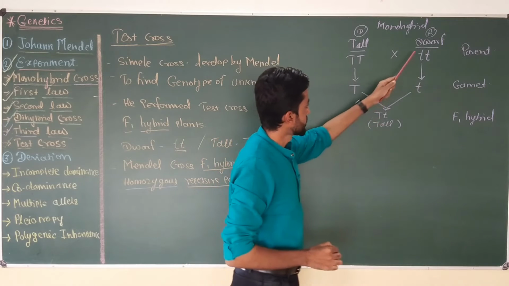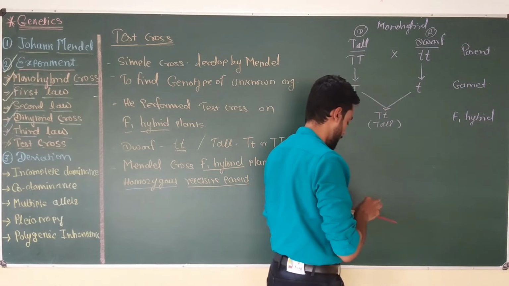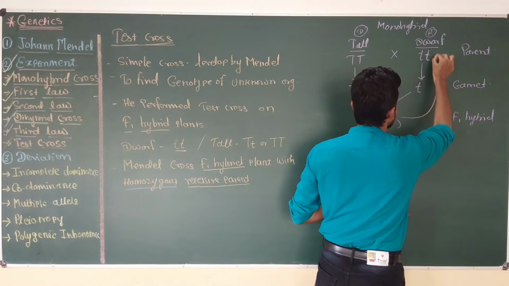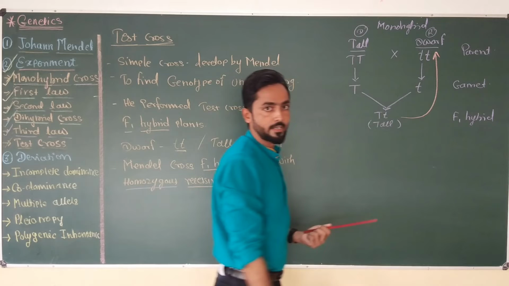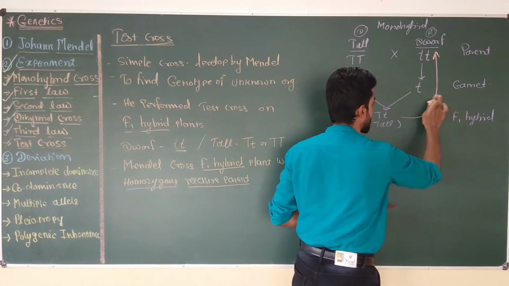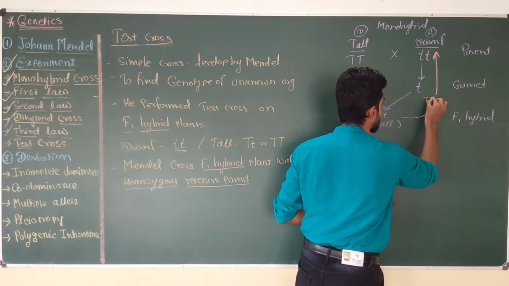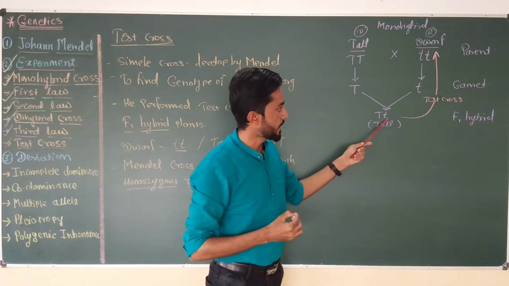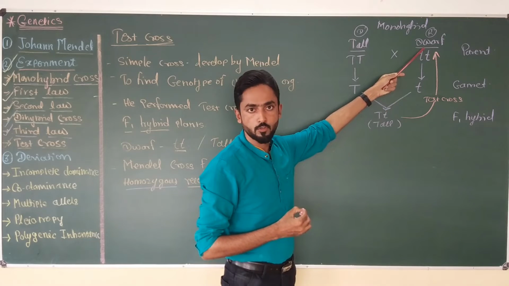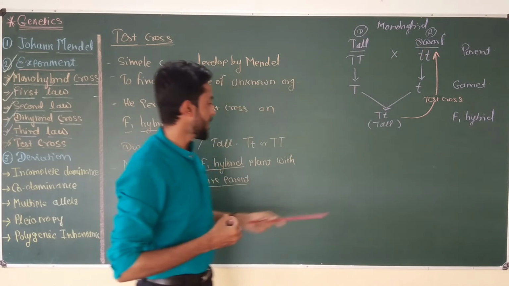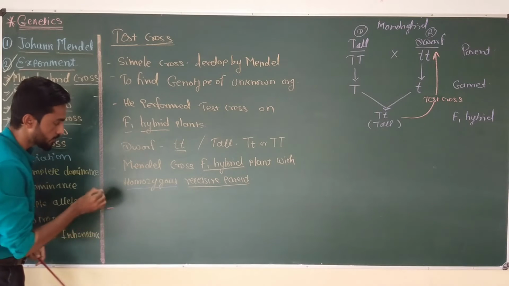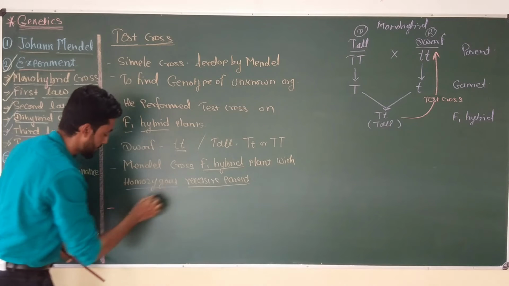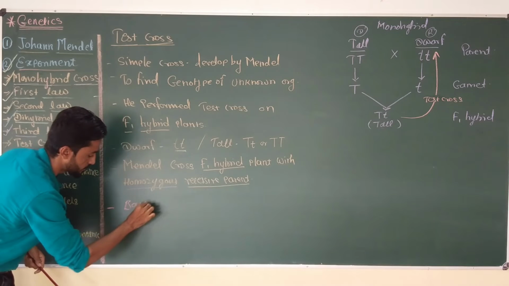So Mendel crossed the F1 hybrid with the homozygous recessive parent, and this type of cross is called a test cross. The cross between F1 hybrid and homozygous recessive parent. Okay, now as we cross the F1 generation plant with their parent, it is also called a back cross.